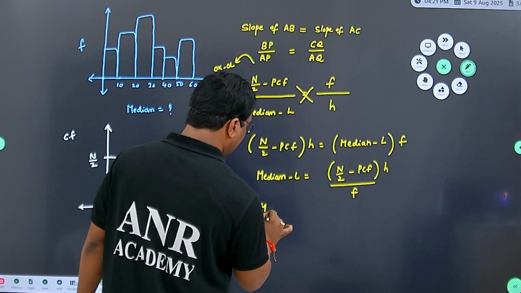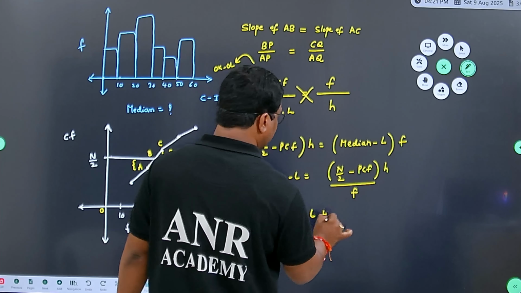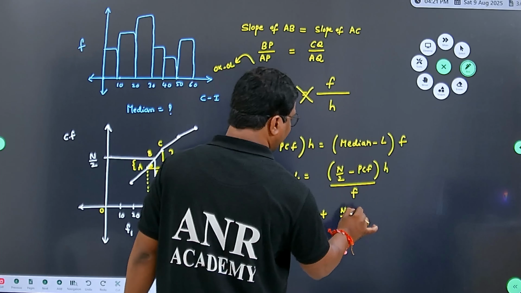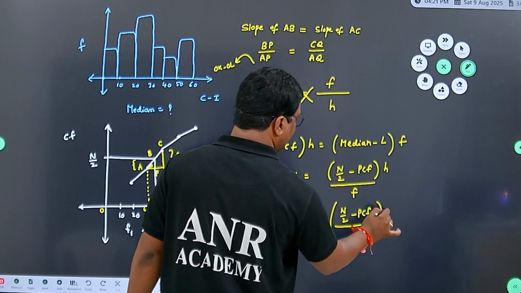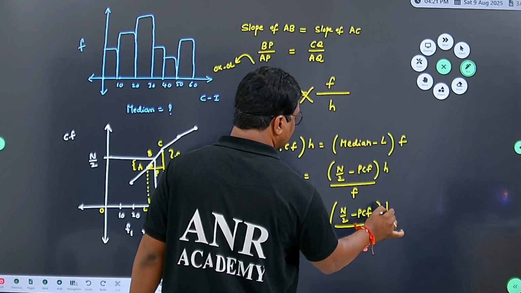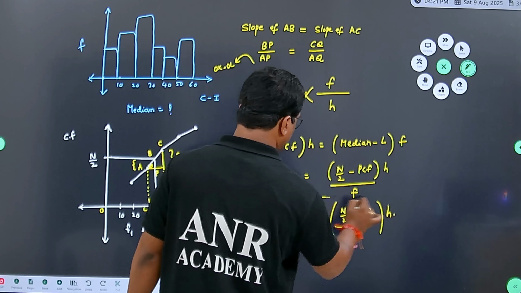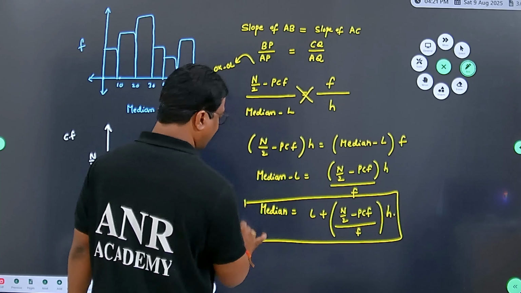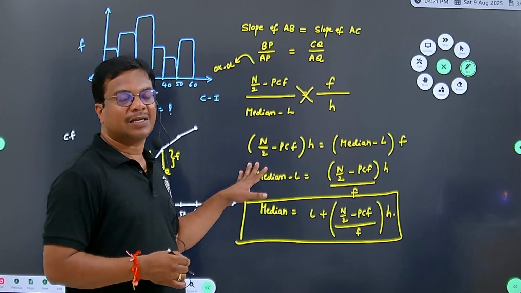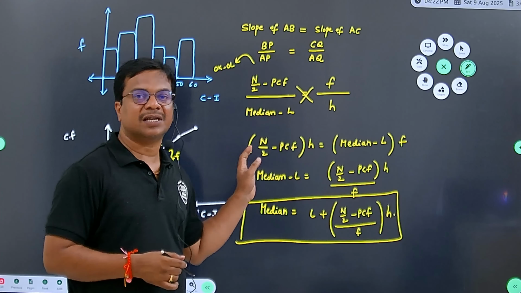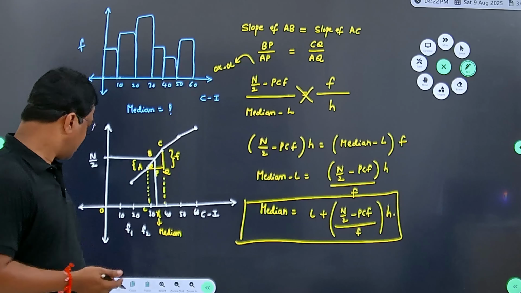Now finally, median can be written as L plus n by 2 minus PCF whole divided by small f into h. So this is the formula to find the median of given data when grouped data along with class intervals and their corresponding frequencies are given. This is the reason behind this.